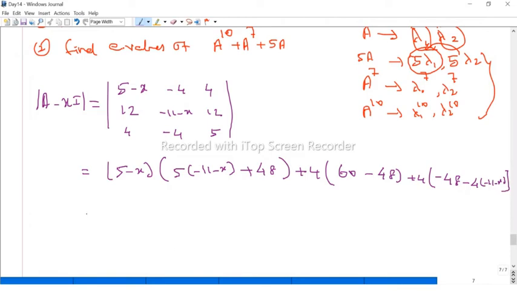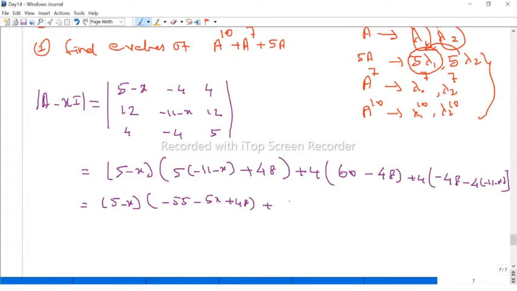Now simplify this. This is equal to 5 minus x into, if you multiply this, minus 55 minus 5x plus 48.